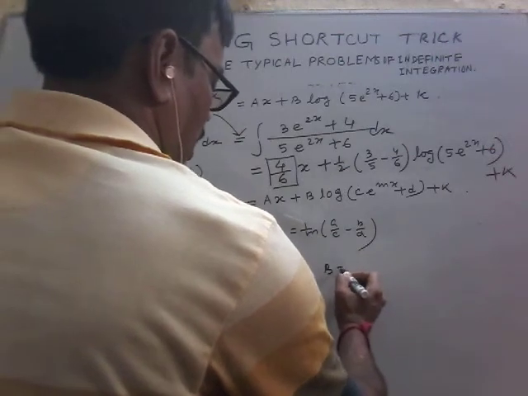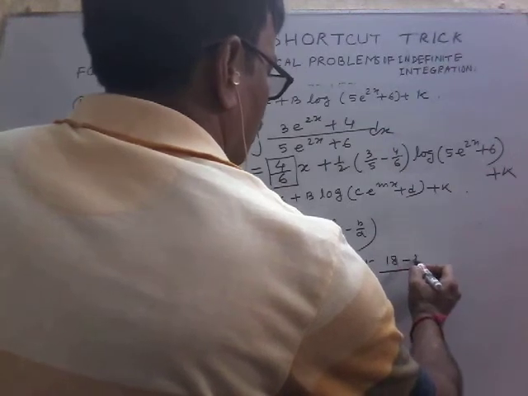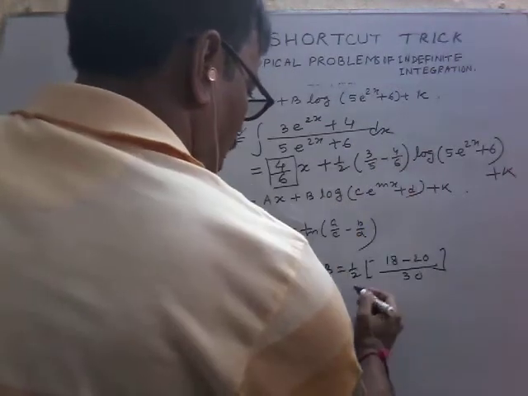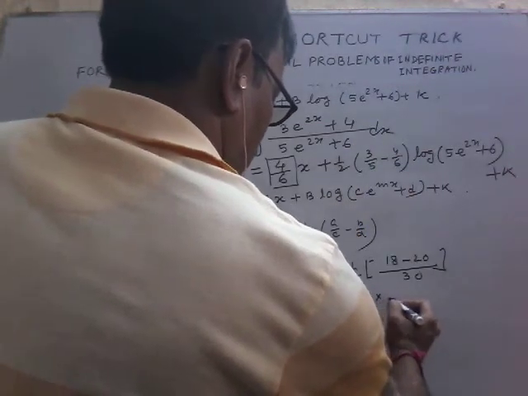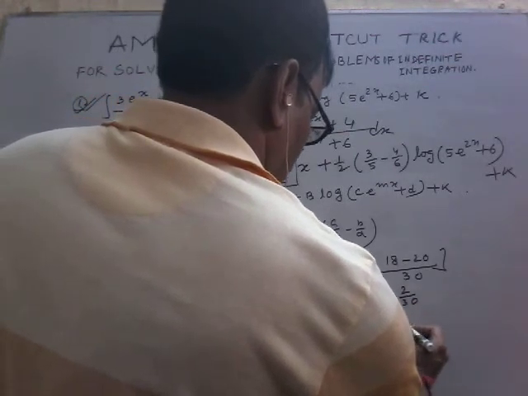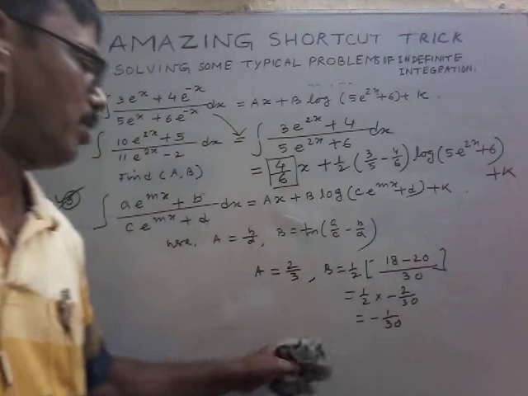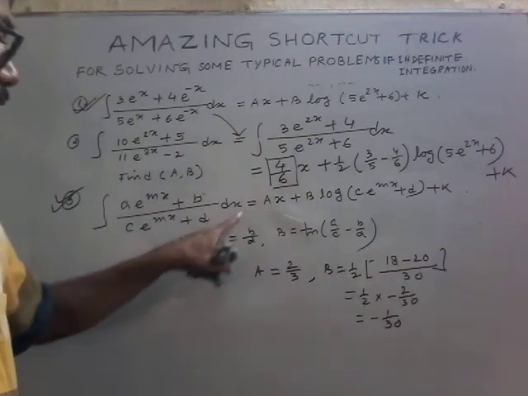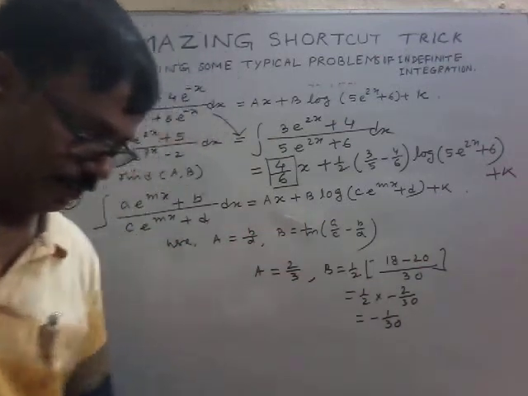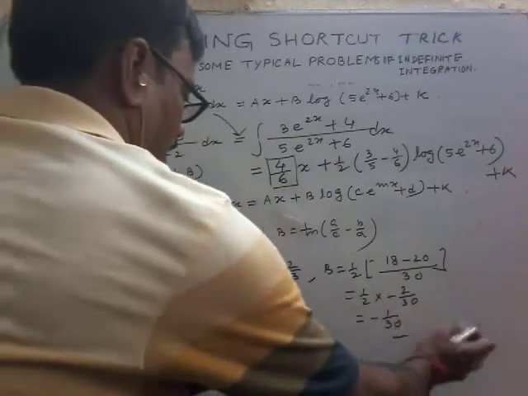Now what is B? Half of (18 minus 20) by 30, so half of minus 2 by 30, so minus 1 by 30. So you can easily find A and B if you remember this: A equals b by d and B equals 1 by m of this. So B is minus 1 by 30.